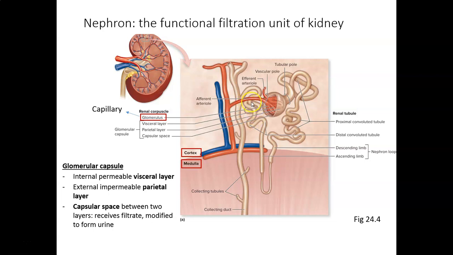From the DCT, the filtrate empties into the collecting tubules, which collect the filtrate formed in each of those nephrons. Because this is only one unit, you could have tens of thousands of nephrons in the kidney, all doing filtration and forming urine at the same time.